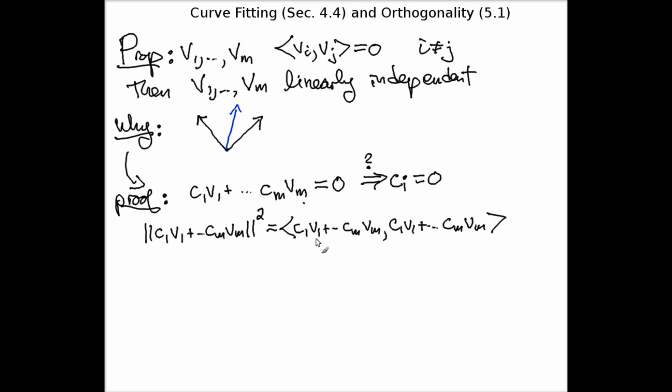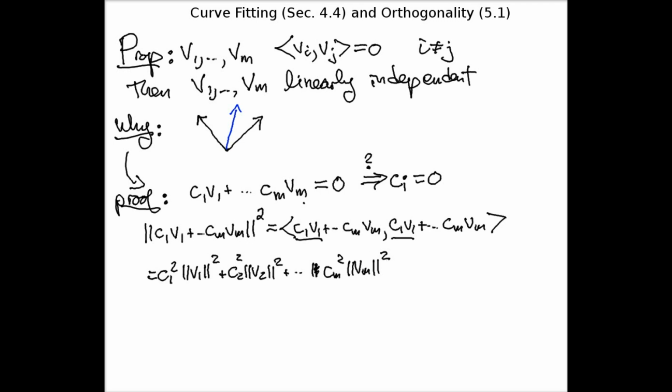Well, when you take the inner product, one of the terms that you get is C1 squared, the length of V1 squared. That's from this term. And you also get C2 squared, the length of V2 squared, and so on, Cm squared, the length of Vm squared.